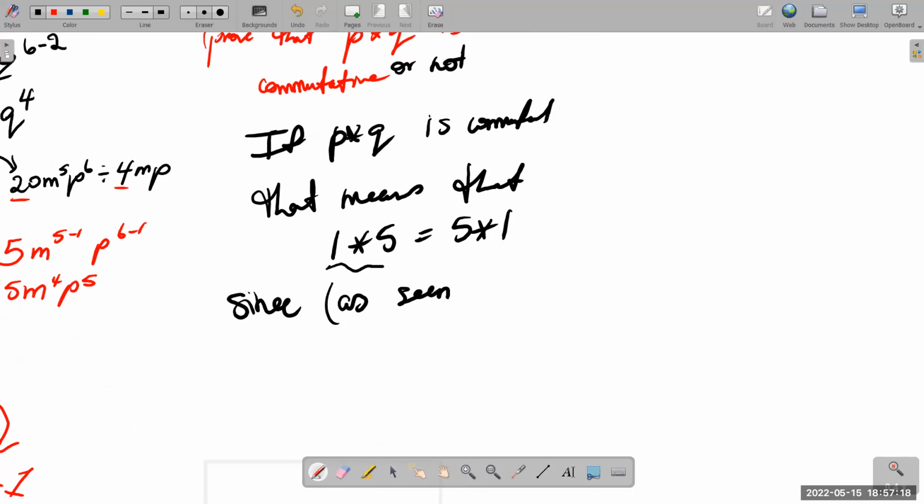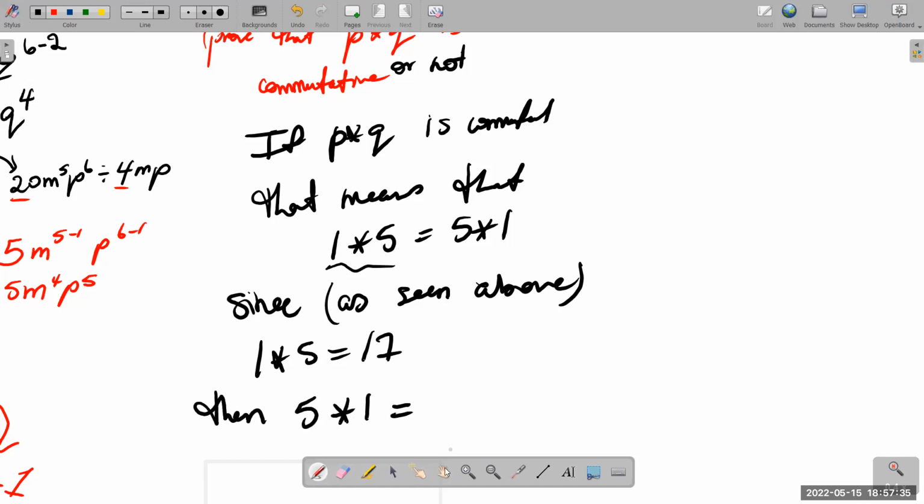Don't do this all over again, because then they're going to say, well, this person isn't paying attention. Why would they do this again when it was done above? So I would put as seen above. You know that 1 star 5 is already equal to 17. Then 5 star 1, and that's what you have to find.